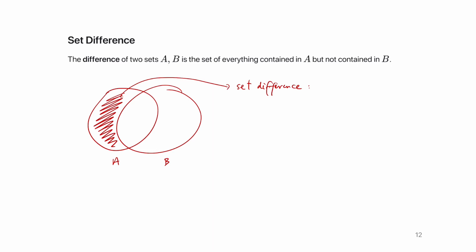There's some different notation that we can use for it. One is simply A minus B. Another is A backslash B. Oftentimes we use the latter one because it doesn't look like a minus sign. Sets are not numbers. You can't add and subtract them.